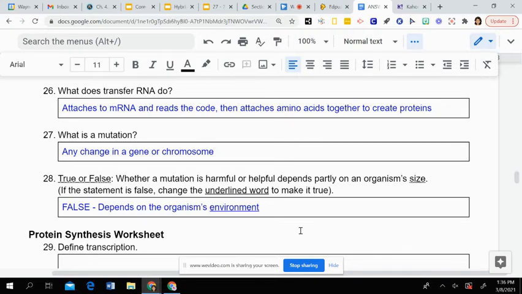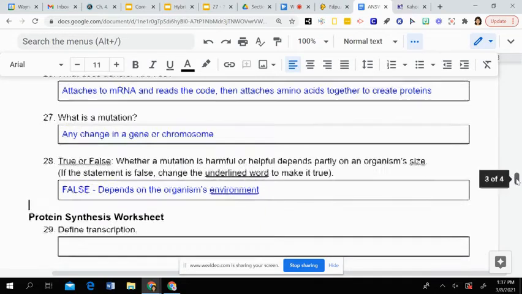But if that koala bear was out in the wild and it was white, it would be a harmful mutation because it now is something that can expose the koala bear more. It's more easily seen. It can't blend in, and so now that affects its survival rate. Okay, it depends on the environment.